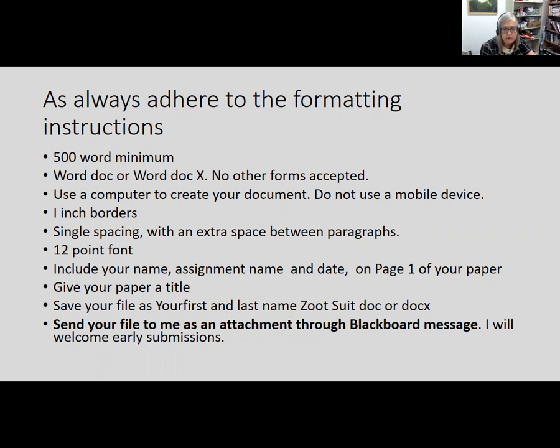Then you're going to send me your file as an attachment through Blackboard Message. You're not going to cut and paste your paper into Blackboard. It's going to be an attachment. Thank you.